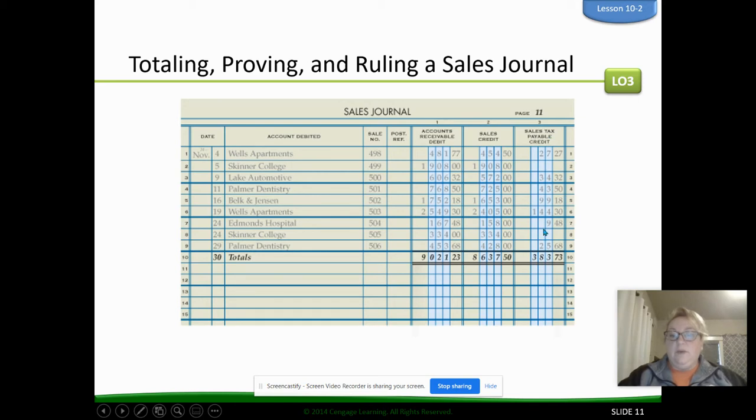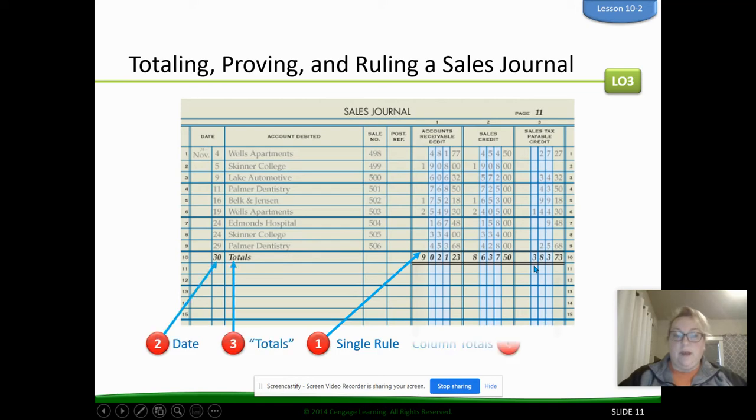So instead of having to post each of these numbers individually into those accounts, we're going to post one total at the end of the month. So remember, individuals are posted weekly, totals are posted monthly. Just a reminder.